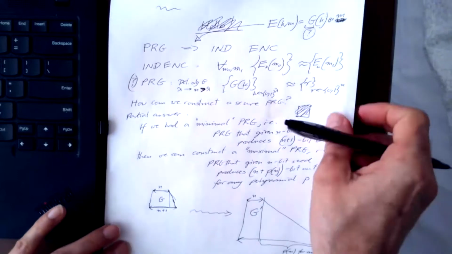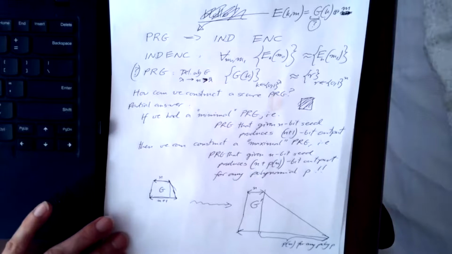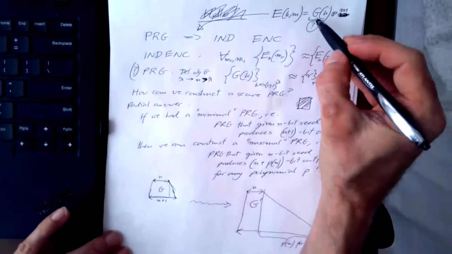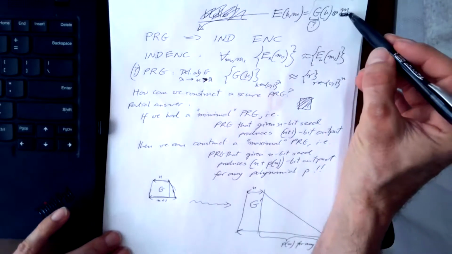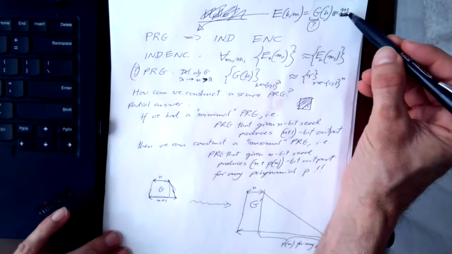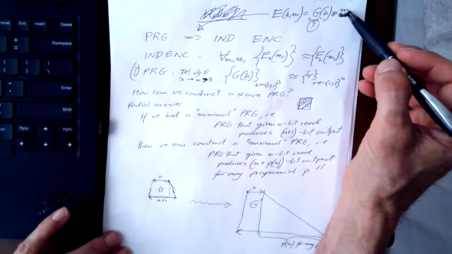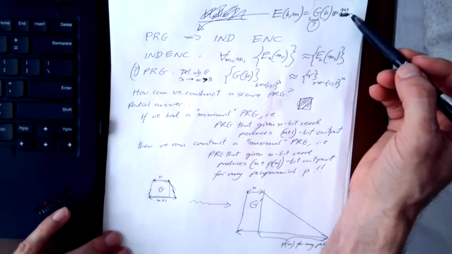What that means is that, let's say you want a stream cipher. This is called a stream cipher. And how long messages do you want to encrypt? Perhaps a kilobyte, 10 kilobytes, 100 kilobytes, 1 megabyte.